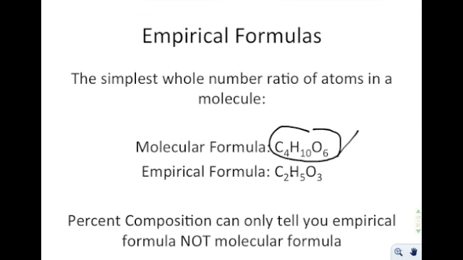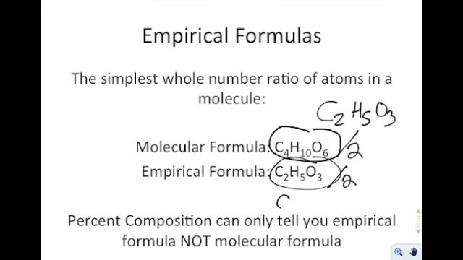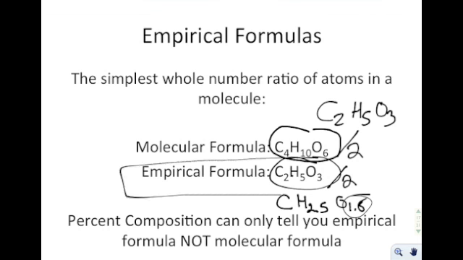I could take all of those and divide by 2 and get C2H5O3. That represents the simplest combination because if I were to divide by 2 again, I would get CH2.5O1.5, and you can't have half of an atom. So because of that, this right here is what we call the empirical formula.